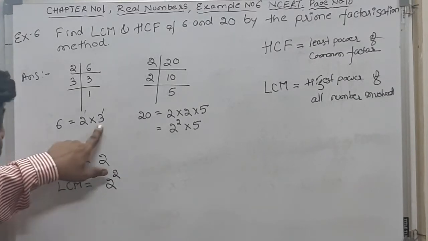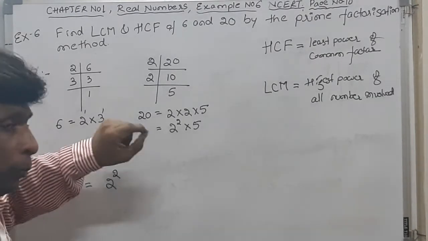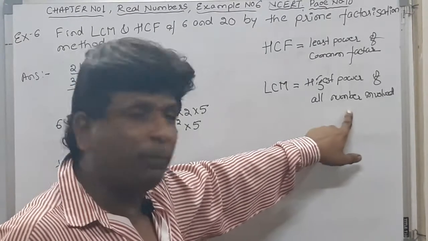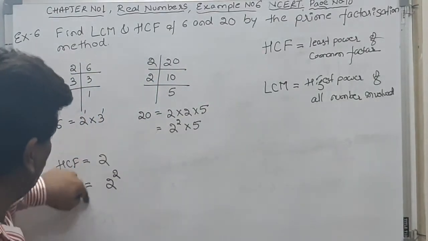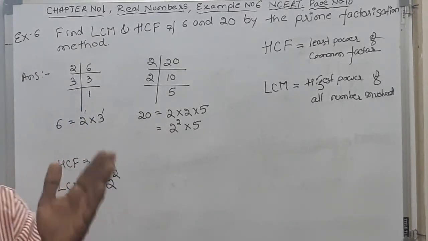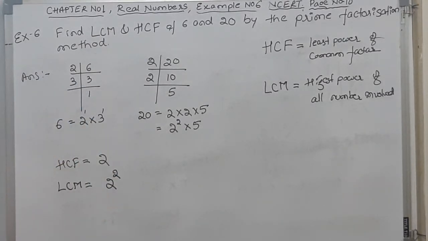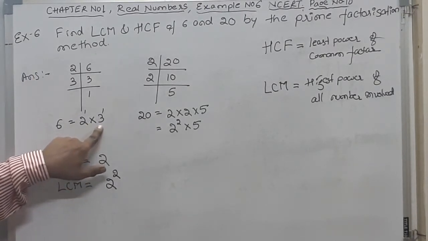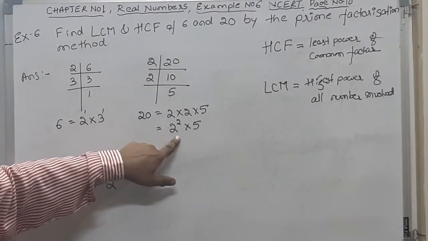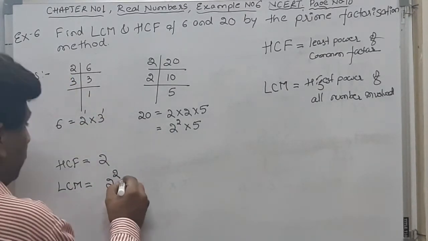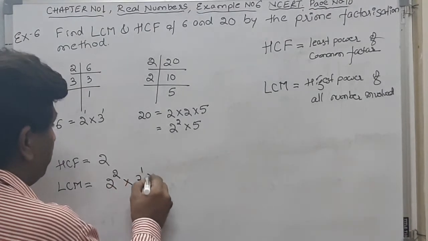Next, 3 is there. For LCM, we are not talking only about common factors; we take all of them. 2 is there, 2 we have taken; 3 is there, 3 we have taken; 5 is there, 5 we have to take. But the condition is that we take the highest power. The highest power of 3 is 1, so 3 raised to 1.